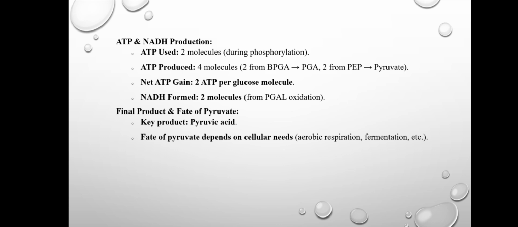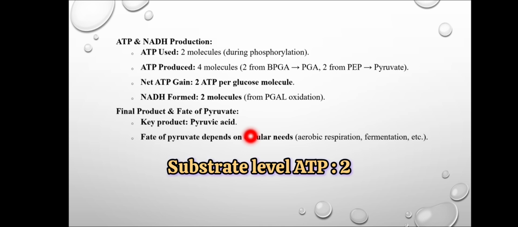So if we proceed further and see the ATP produced during glycolysis, ATP used is 2 molecules, ATP produced is 4 molecules. So the net gain of ATP is 4 minus 2, that is 2 ATP. In addition to that, 2 NADH are also formed. Glycolysis produced 2 molecules of pyruvic acid, which is 3 carbon, 2 NADH and 2 net ATP.